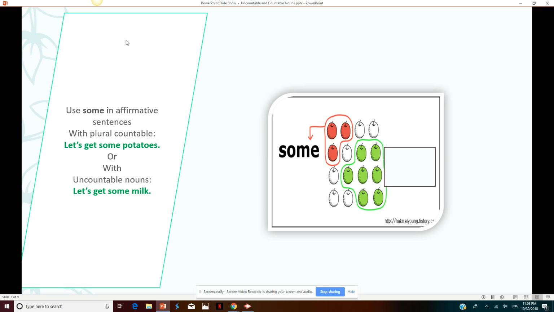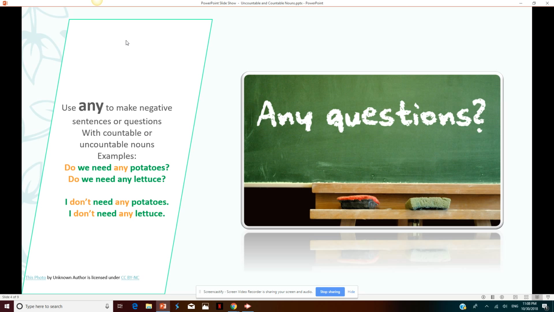For example, let's get some potatoes. Let's get some apples. Let's get some milk. Potatoes, apples, and milk are different kinds of nouns, but as you see, they are all affirmative sentences.